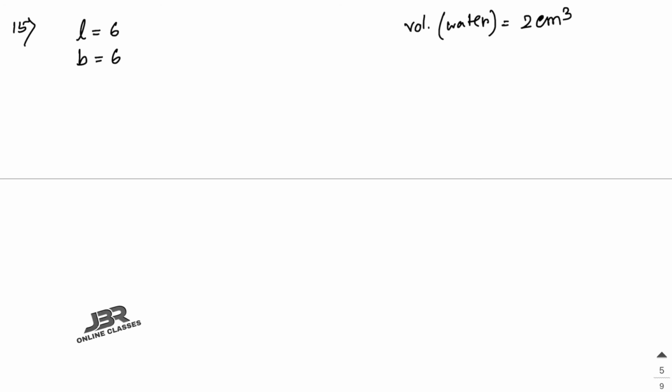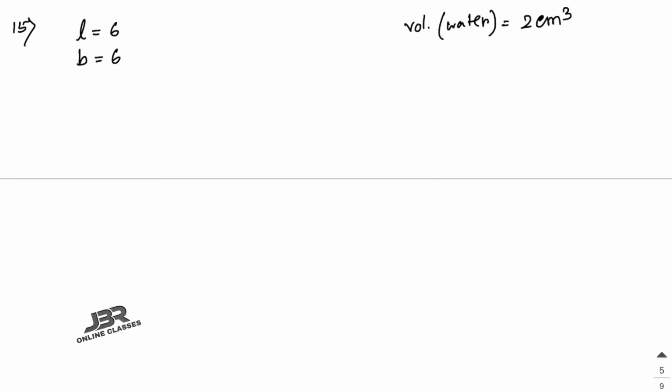So definitely the volume of the cube will be equal to the volume of the displaced water. Write down, when a cube is placed in it, water rises to the top through the height 1 centimeter and also 2 centimeter cube of the water overflows.